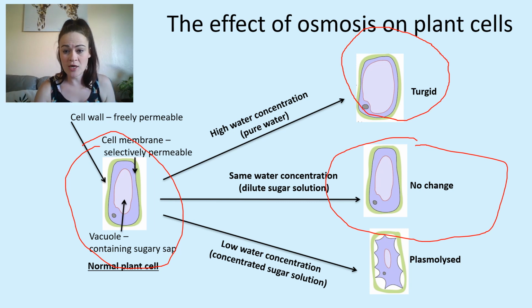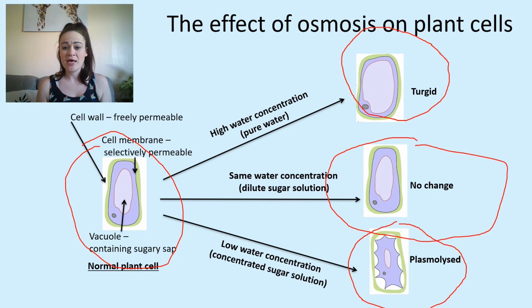Now if you look here, it becomes something called plasmolysed. And what I need you to notice is the vacuole is very small because there's no water in it anymore. And in actual fact, the cell membrane is starting to come in off the sides. Okay, starting to come in, so the cell will just shrink just a little bit.